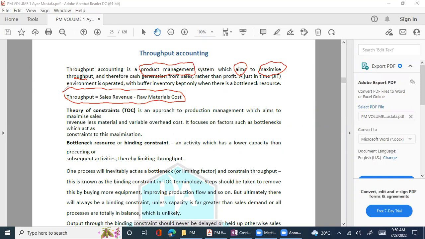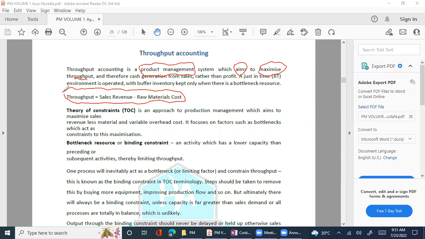Theory of constraints assumes that the processing capacity of every department is a bottleneck, and under a certain bottleneck we need to maximize our throughput, which means maximizing our profits. After getting the throughput, we will arrive ultimately at the profit figure.